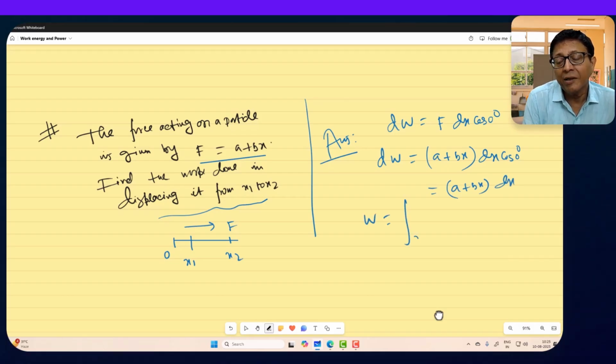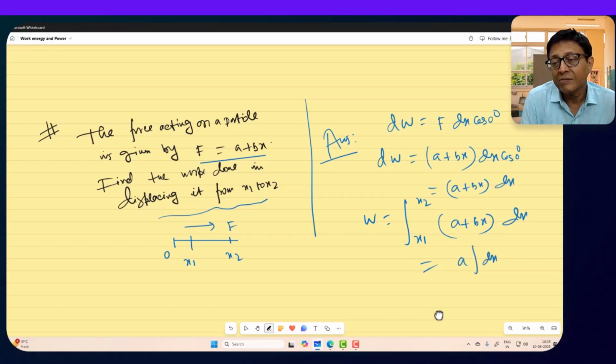W will be x1 to x2 A plus Bx dx. If you integrate this, A into dx, B into x dx from x1 to x2.